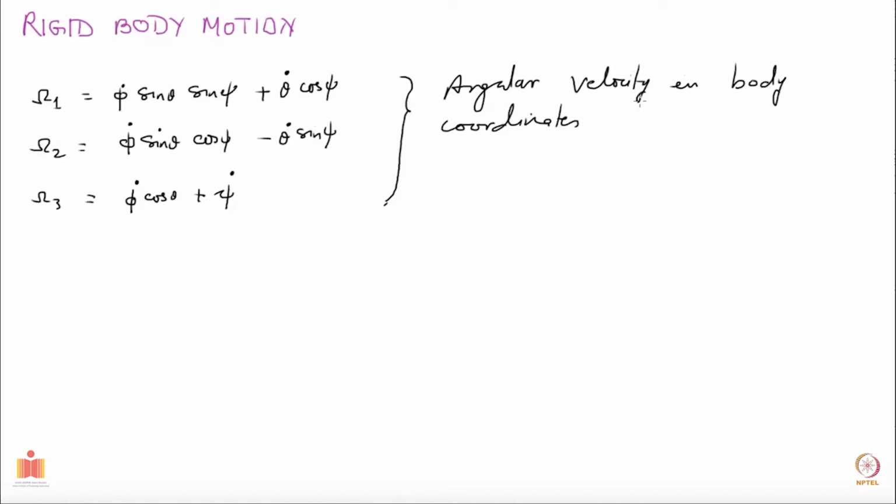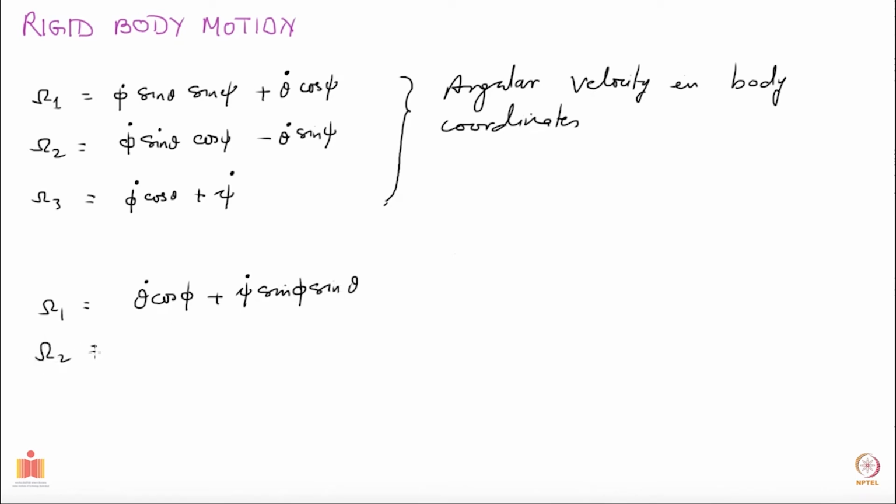Let me write it down. You should get that omega 1 is theta dot cos of phi plus psi dot sine of phi sine of theta.